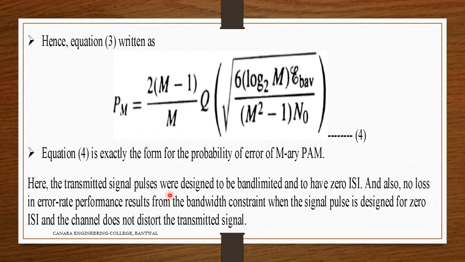Hence the transmitted signal pulses were designed to be band limited and to have zero ISI. Also, no loss in error rate performance results from the bandwidth constraints when the signal pulse is designed for zero ISI and the channel does not distort the transmitted signal.